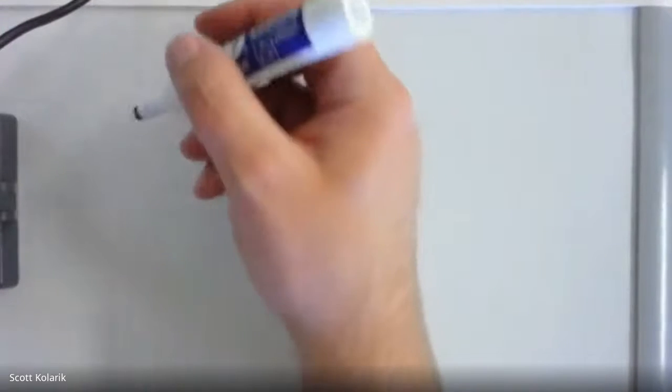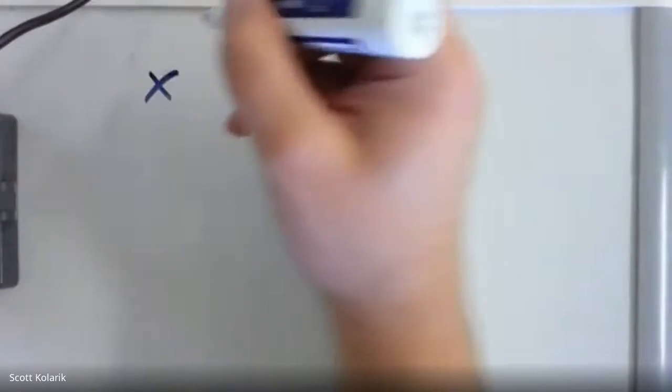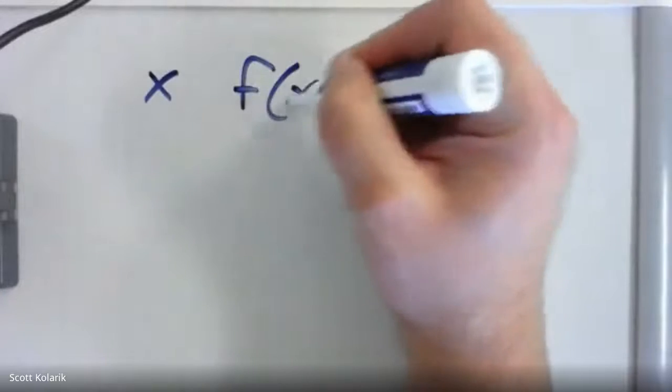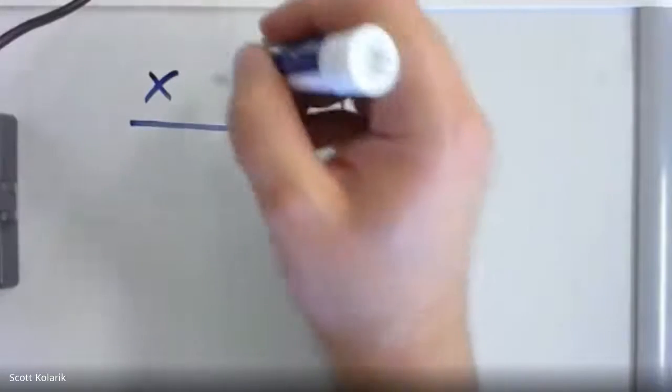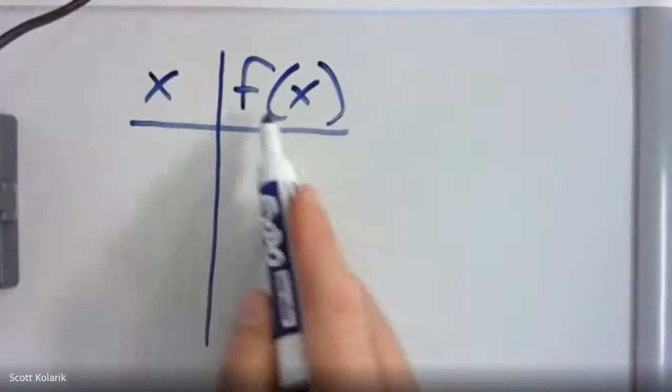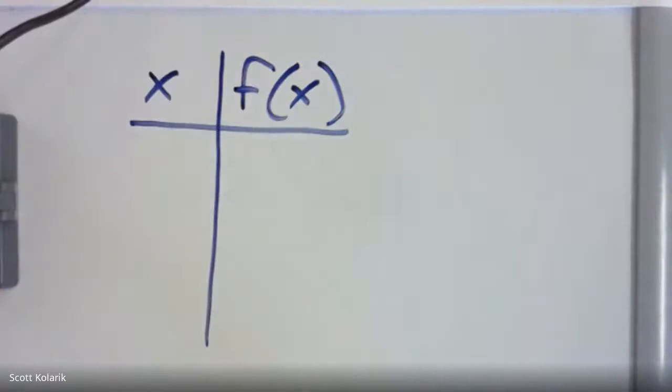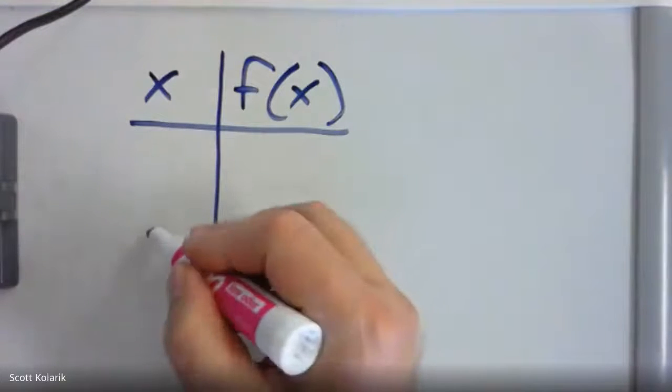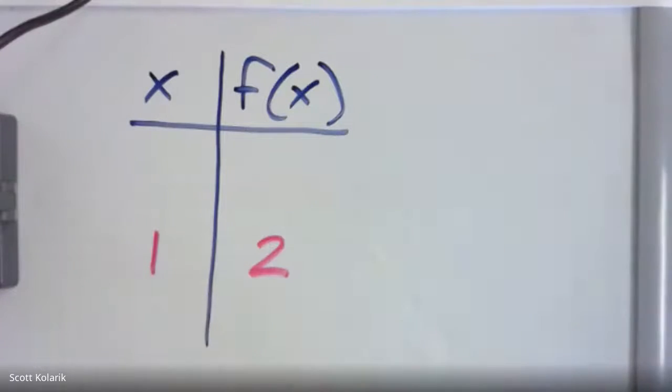All right, so again, going back to what you would ultimately need for any graph, that is an XY table of sorts, right? Again, f of x is just a fancy word for y. So first off, we have already created a coordinate point, the most critical coordinate point of our graph, namely the vertex, 1, 2.